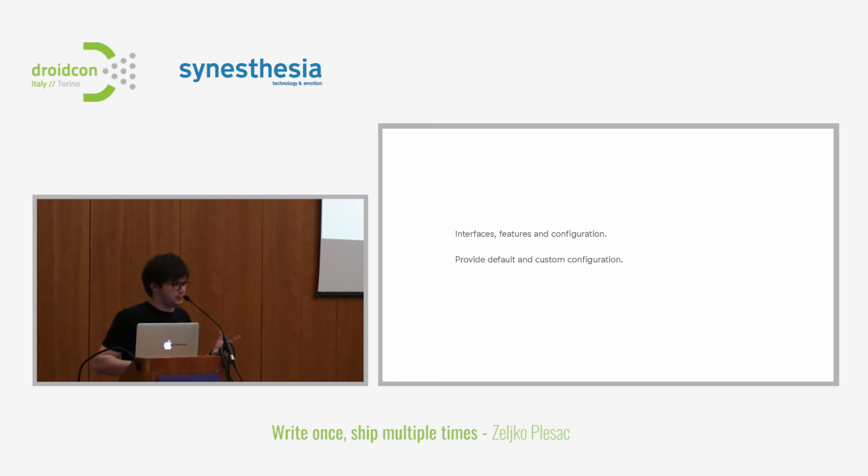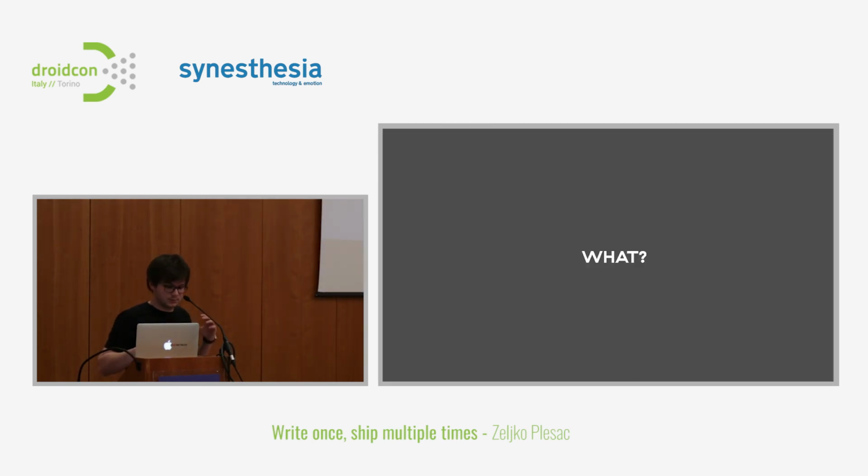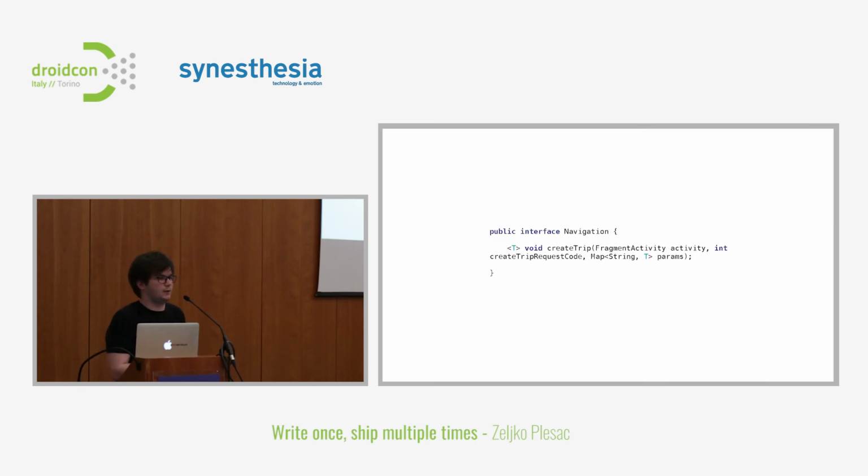I know that this sounds a little bit complicated, so let's take a look at a simple example. Let's say that we have a feature inside of our system. We want to create a trip. So basically, you have a screen where you input either the location name or location coordinates, and you want to navigate your user to that screen.